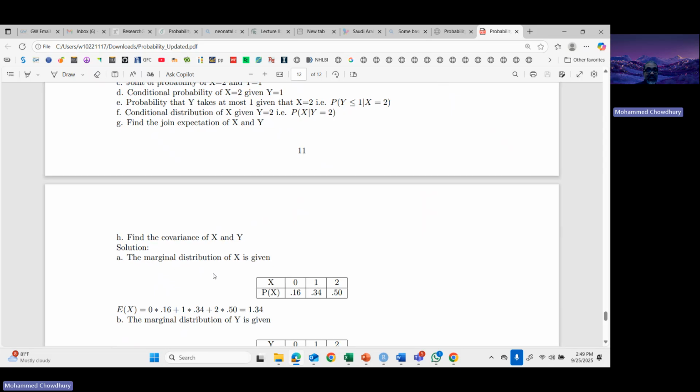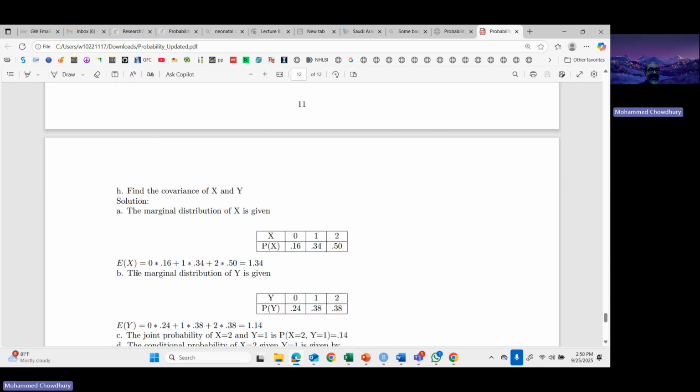The marginal distribution of X is given like this. Clear? Now the expected value of X equals 0 times 0.16 plus 1 times 0.34 plus 2 times 0.50, which is equal to 1.34. Clear, right?